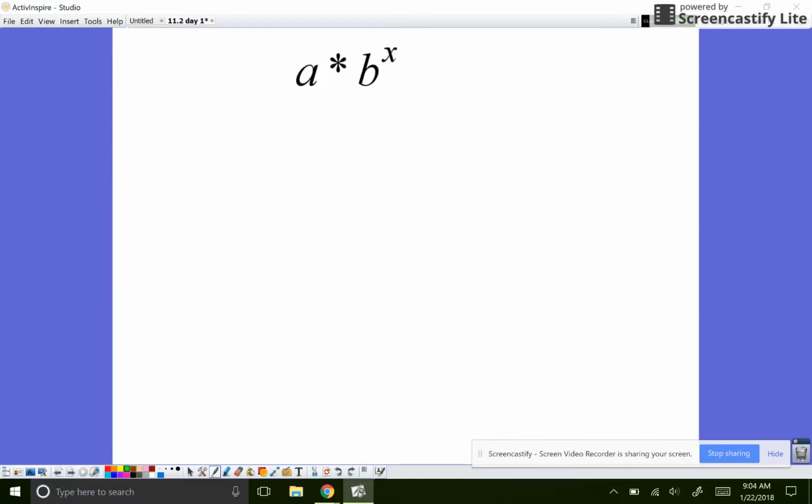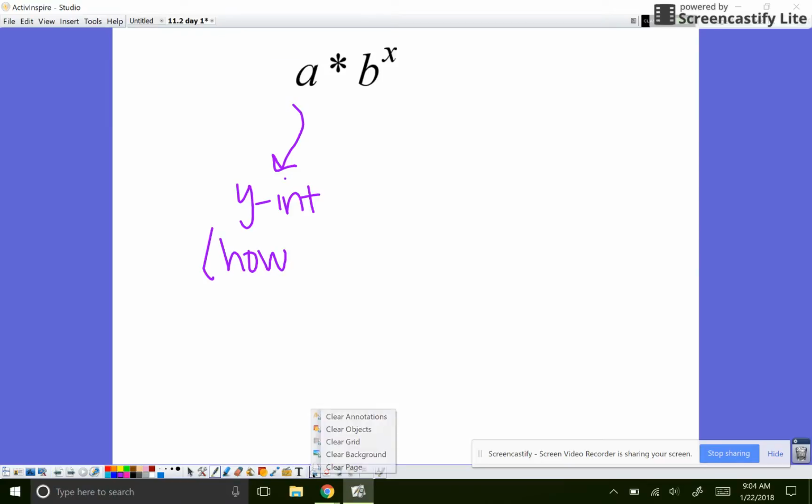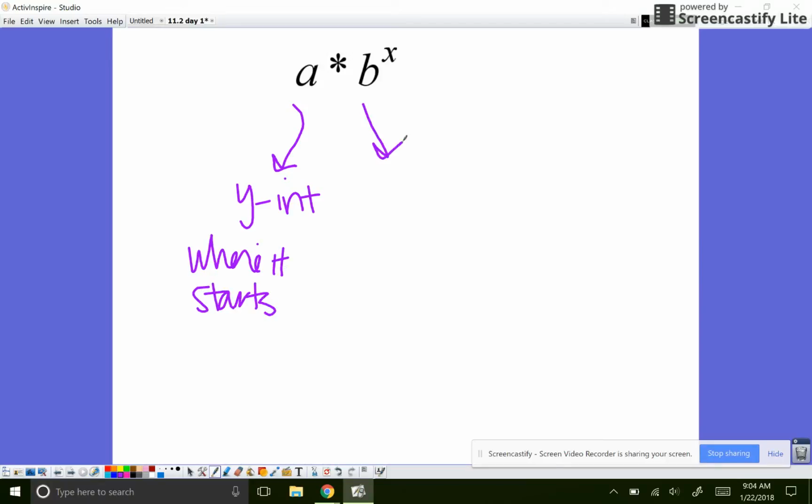So I put this on here because I wanted to break it down. Remember, this tells us where the y-intercept is. I like to think of it as where it starts. And then this one is how it changes.